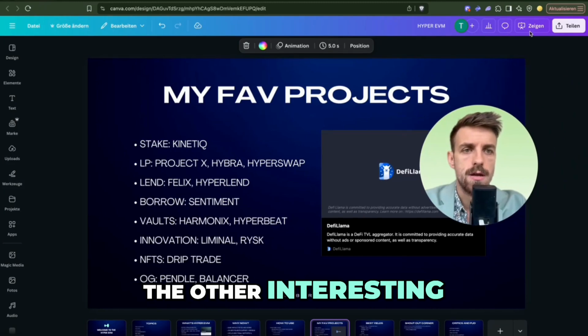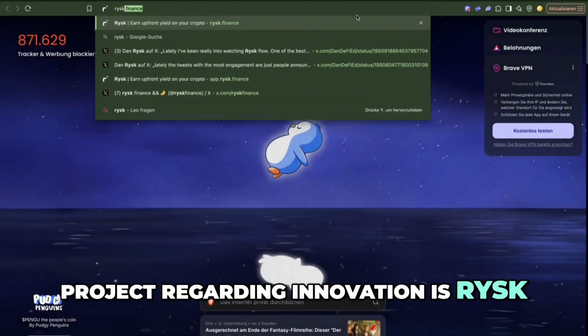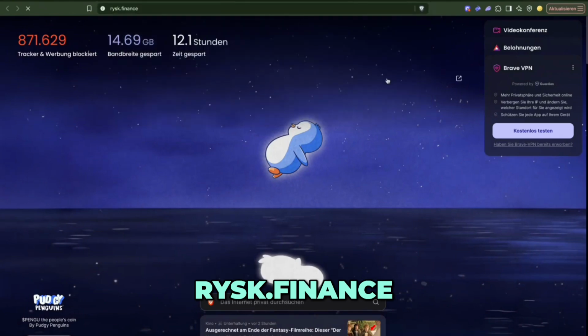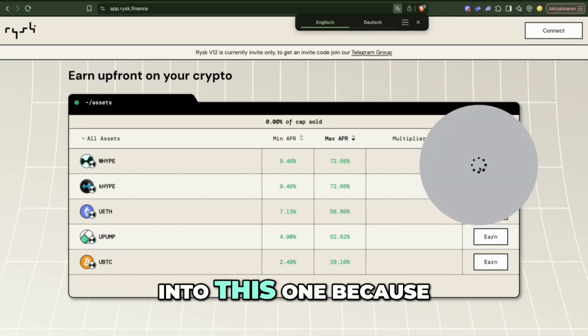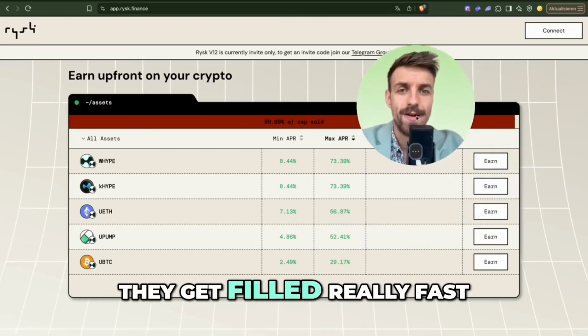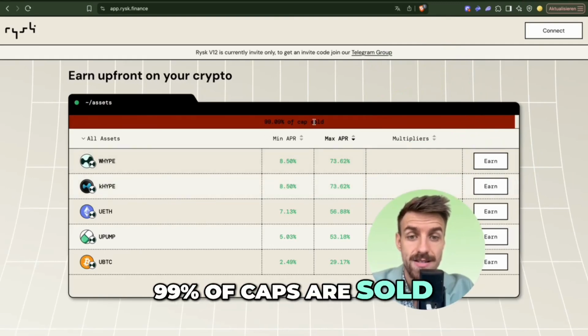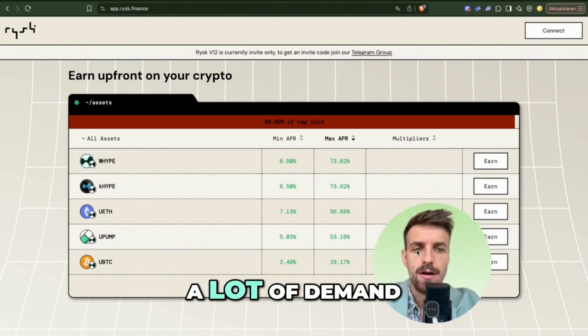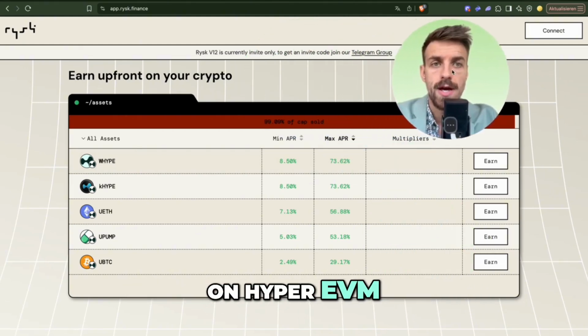The other interesting project regarding innovation is Rysk. Rysk.finance looks like this. It's really hard to get into this one, because the caps get filled really fast. You can see here again, 99% of caps are sold. There's a lot of demand for covered call options on HyperEVM.